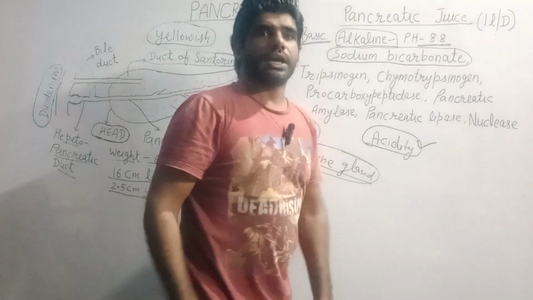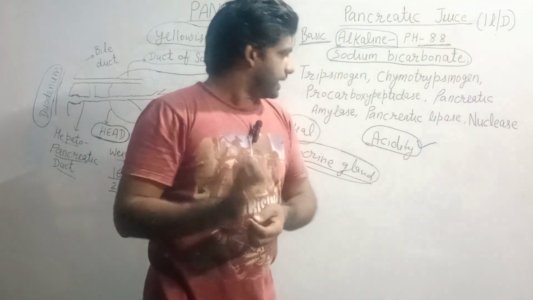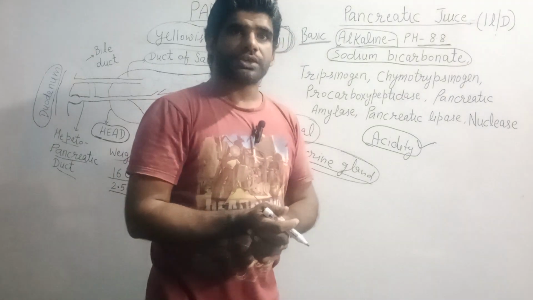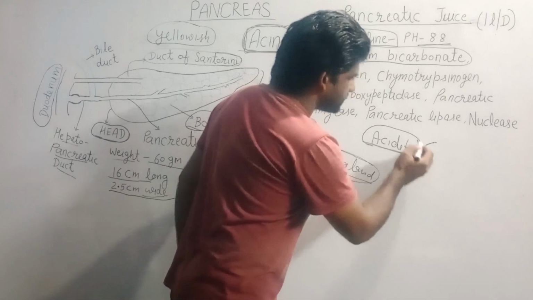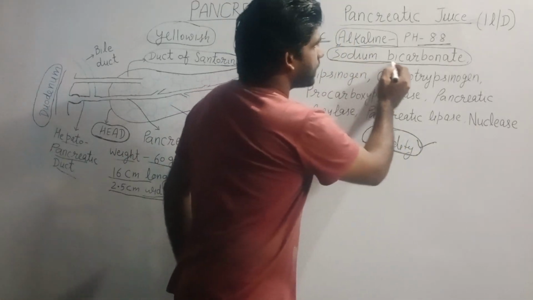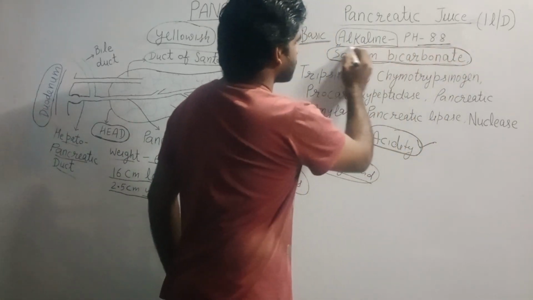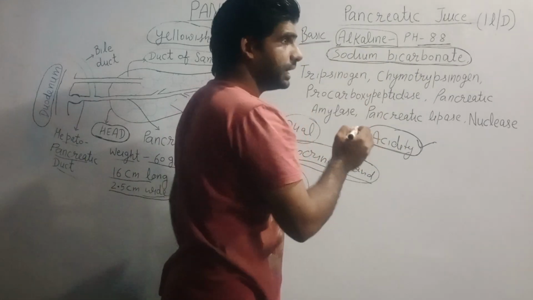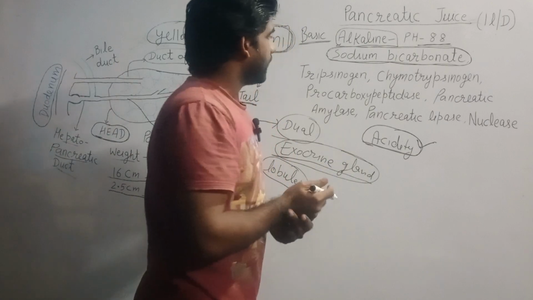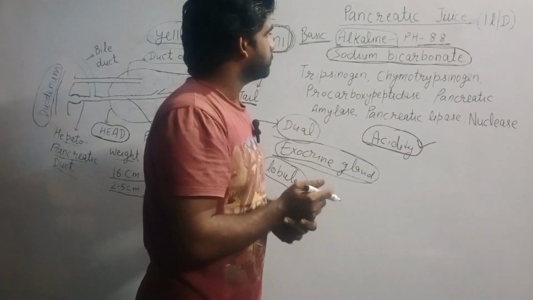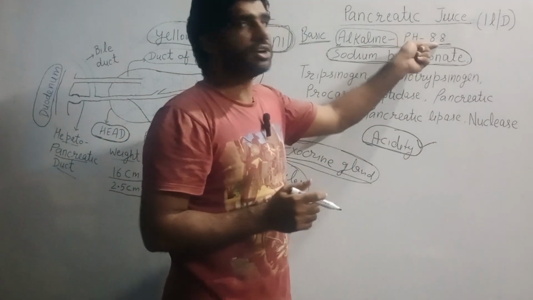In stomach, HCl provides highly acidic medium, so it needs to get neutralized, and this is done by sodium bicarbonate ions. Because for enzymes of pancreatic juice, basic medium is required for their action.